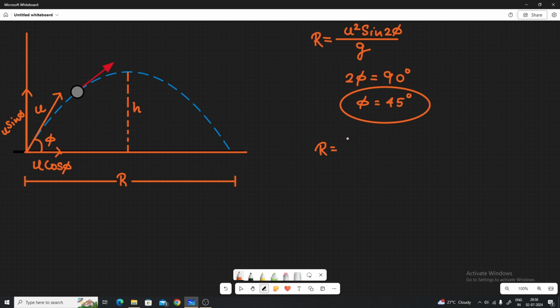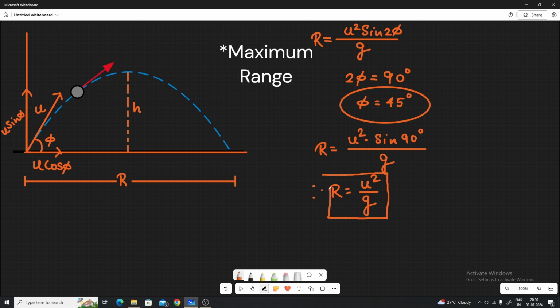R equal to U square into sine 90 degree divided by G. That means R will be U square by G. So this is the maximum range you will get with this velocity.